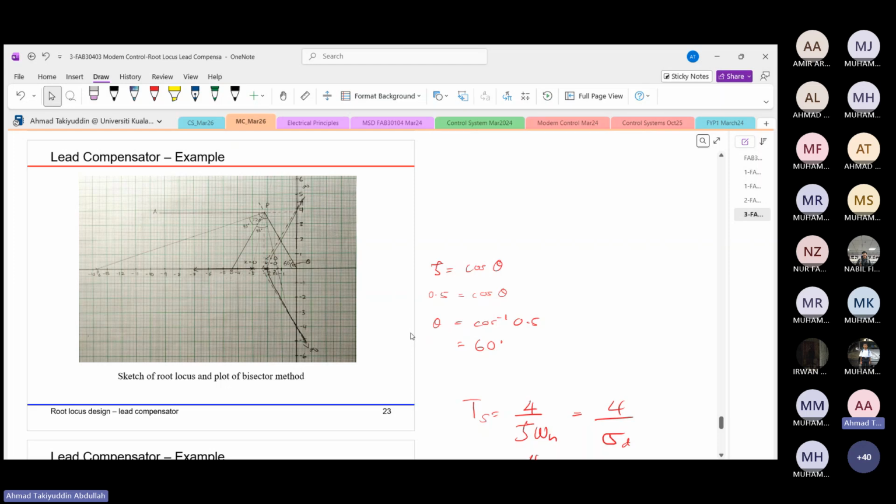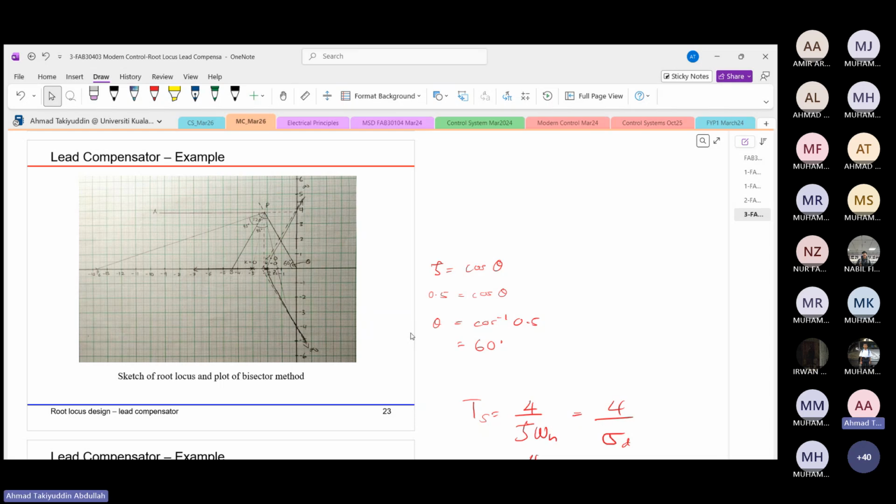So how do I consider the poles angle? That's why it is so important for you to have everything under the exact scale. If you have the exact scale of the plot, you do not need to consider the angle by using trigonometry.